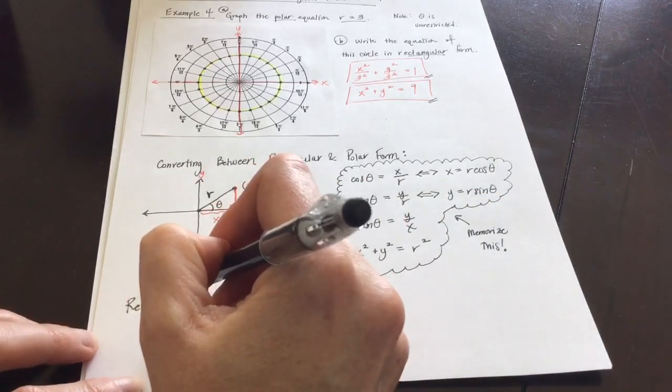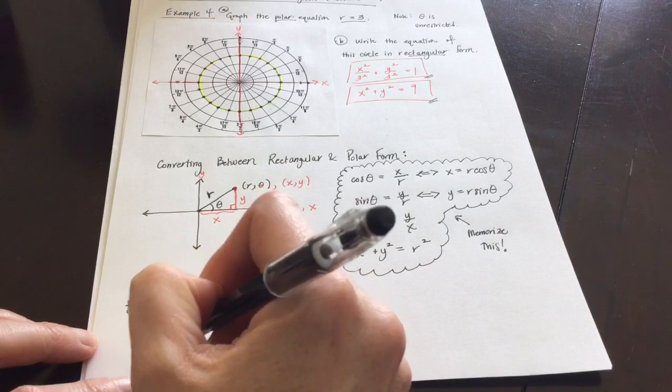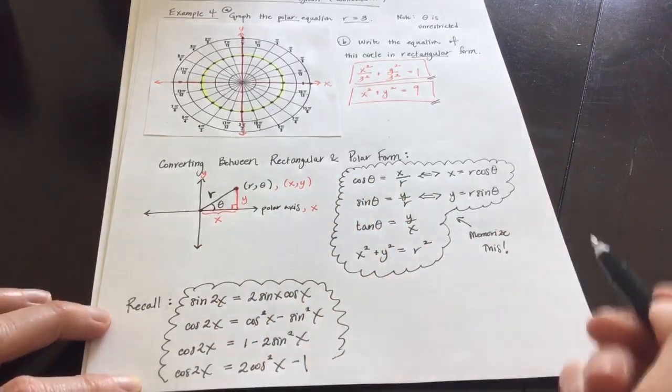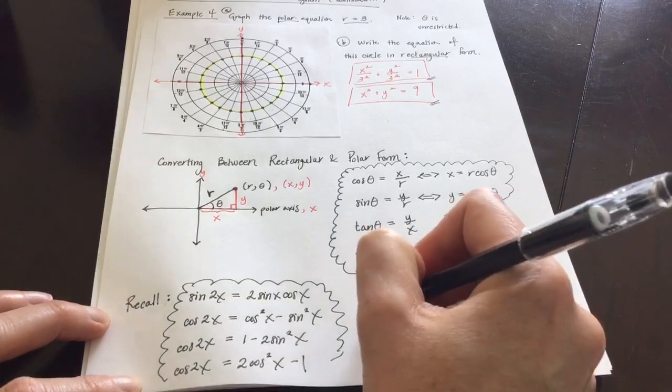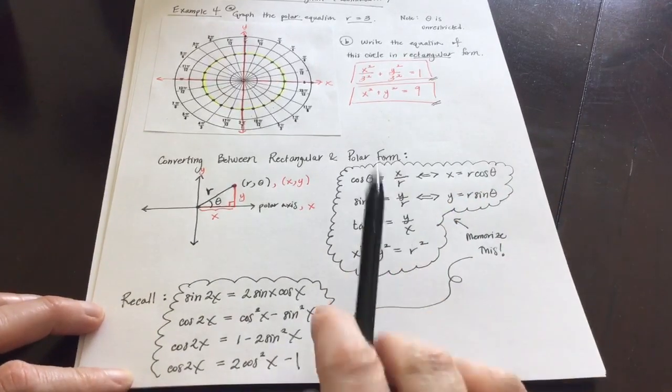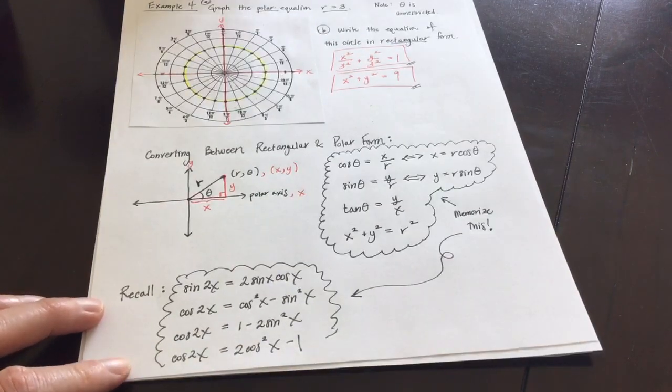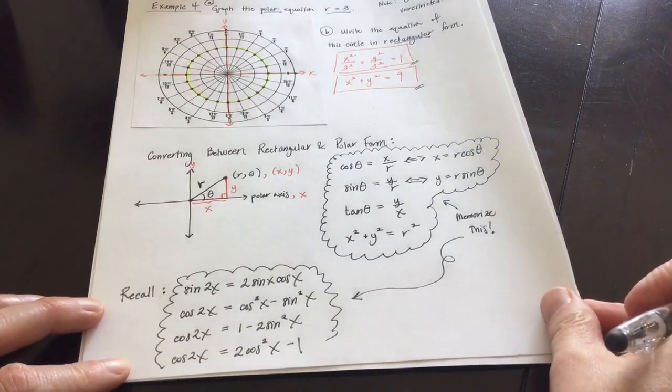Okay, so before we do the last examples, study everything in this toolkit, and then also re-study your double angle identities here for sine and cosine.